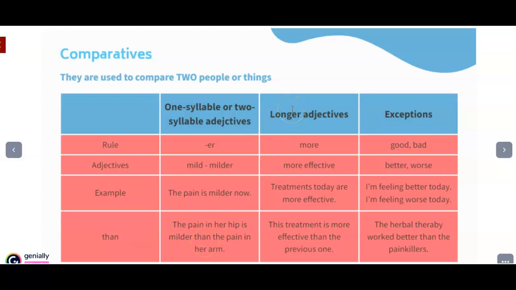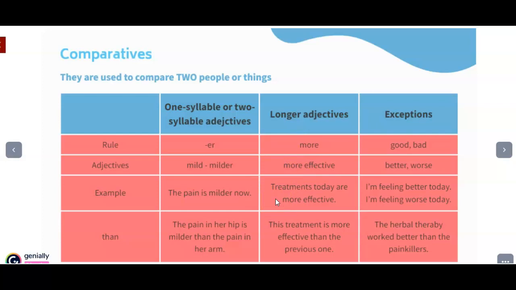What happens with longer adjectives? With some two-syllable adjectives and three or more syllables adjectives, we're going to use more. For example, effective. So how many syllables does effective have? Effective. It has 3 syllables. So we're going to use more. Here's an example. Treatments today are more effective.